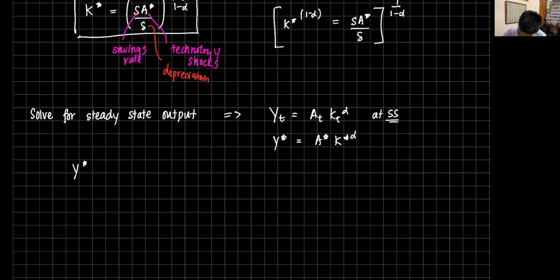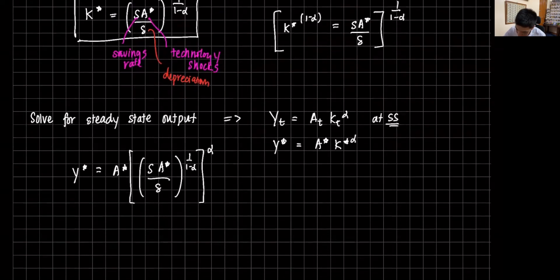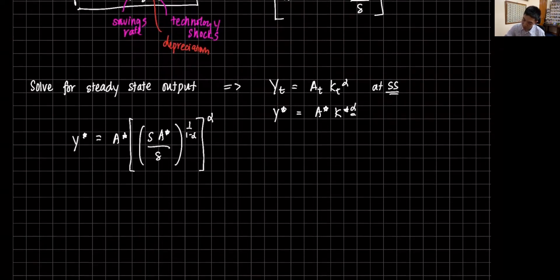So Y star is equal to A star times, we have here S A star all over delta raised to 1 over 1 minus alpha, but we need to raise this one to alpha, right? Because there's an alpha term here.